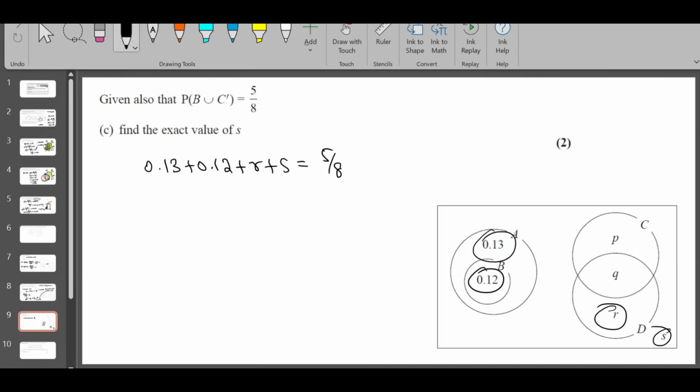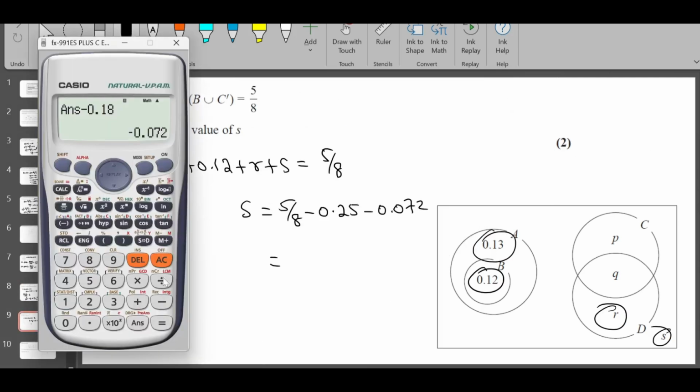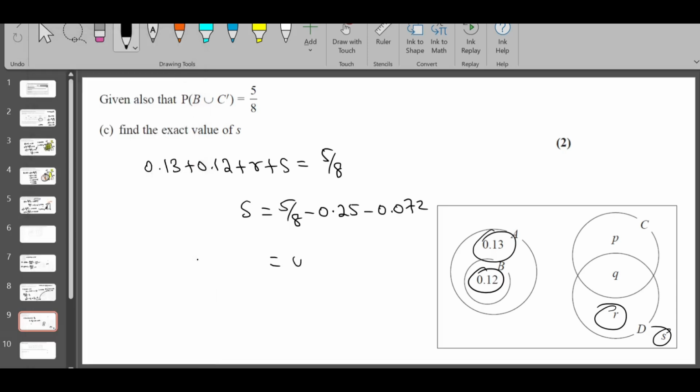So we know the value of R. So S is going to be 5/8 minus 0.25 minus R. The value of R is 0.072. 5/8 minus 0.25 minus 0.072, 0.303. That's the value of S.